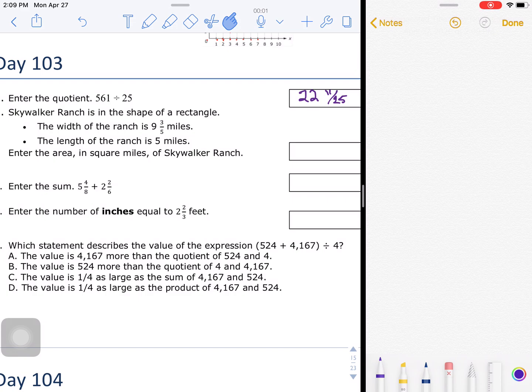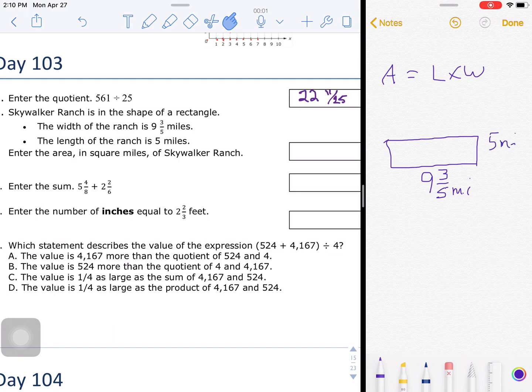So we all know that the area of a rectangle is length times width. So I'm going to draw a diagram, and the dimensions, 9 3/5 miles by 5 miles.